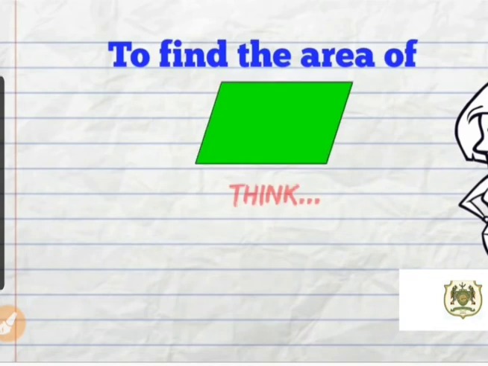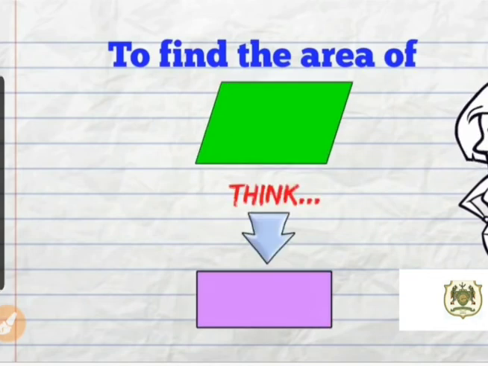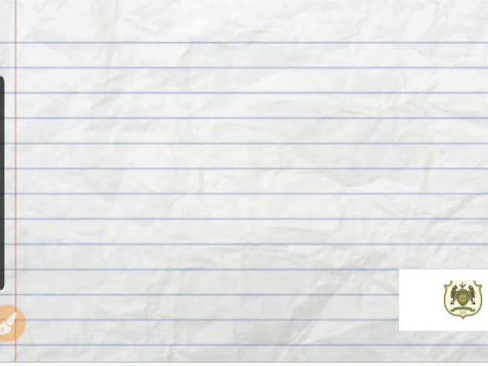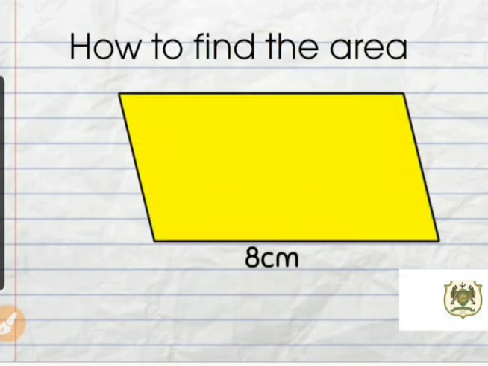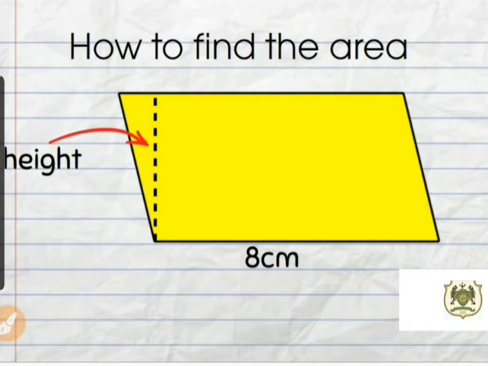To find the area of a parallelogram, which is actually the same as a rectangle, what am I going to do? It needs a right angle. So 8 centimeter is the base. I'm going to draw a perpendicular line, which is the height of this parallelogram.